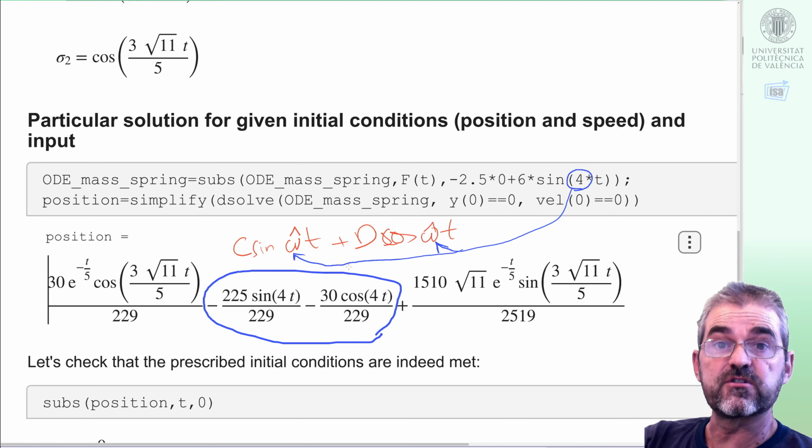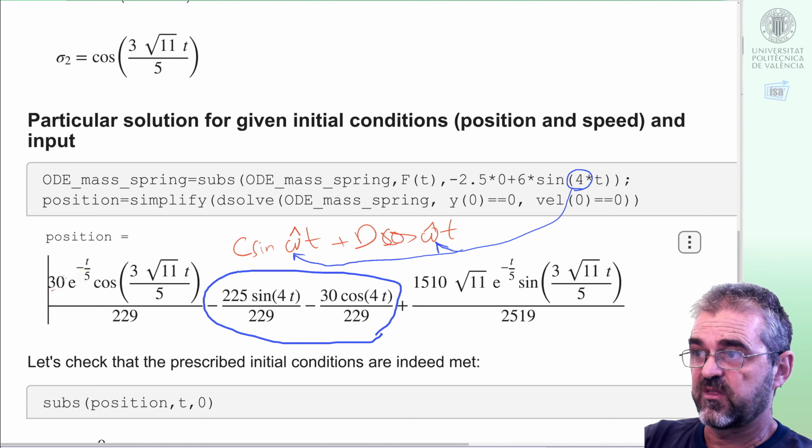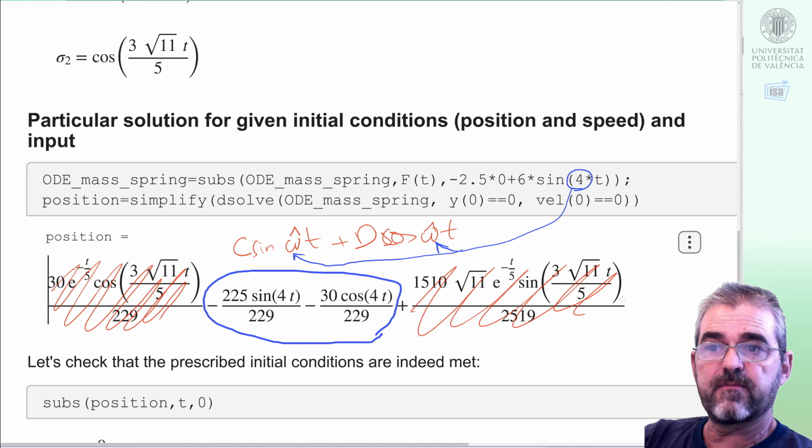They will be there forever. And when a lot of time has passed and this exponential is small, then this will not be present, and we will have only this sustained vibration at the same frequency as the input, and that blue thing is called steady state sinusoidal regime.